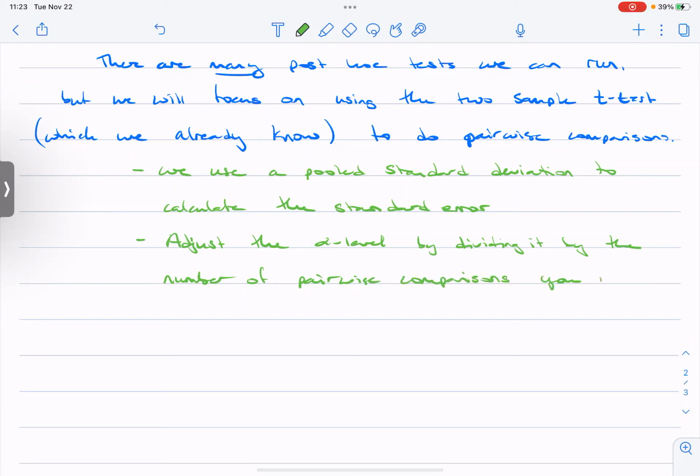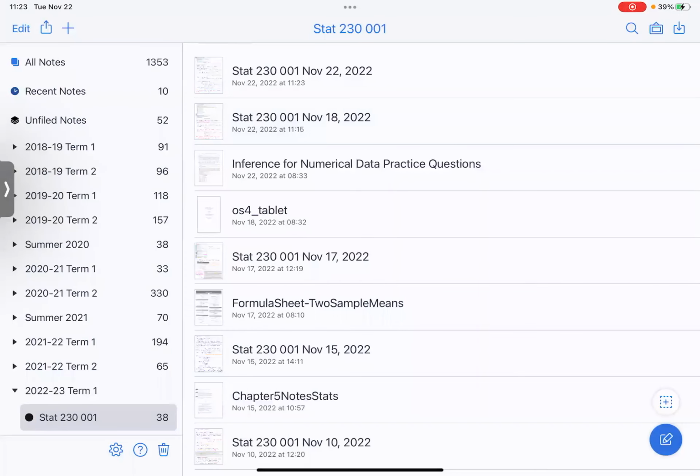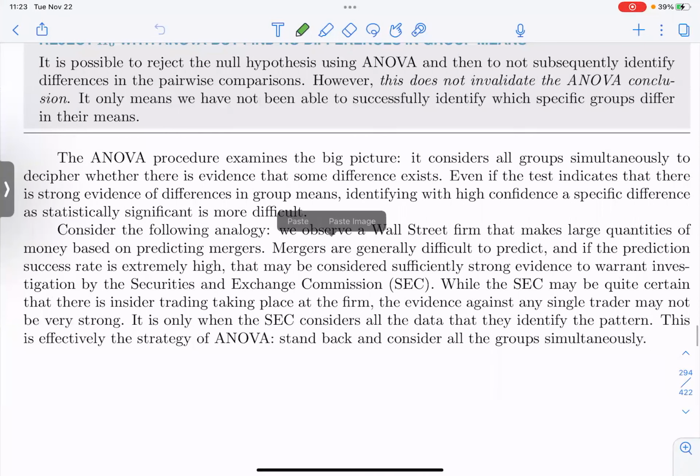You always do all the possible pairwise comparisons, so you divide by all those possible combinations.